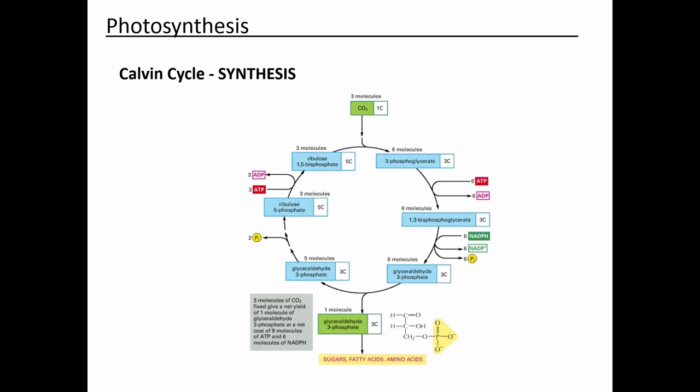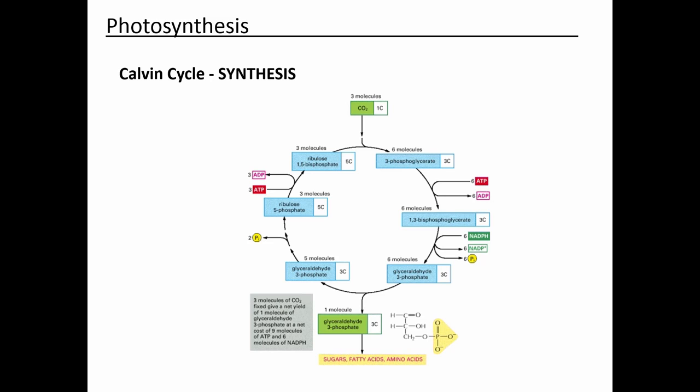And you're going to have 3 carbon dioxide molecules. Each is going to be attached to ribulose bisphosphate. What they're not showing you in this cycle is the fact that you produce a 6-carbon molecule, and then that 6-carbon molecule breaks apart into 2 3-phosphoglycerates. So if you start with 3 molecules of carbon dioxide, at the end of the first stage, which is the carbon fixation stage, you're going to have 6 molecules of 3-phosphoglycerate.